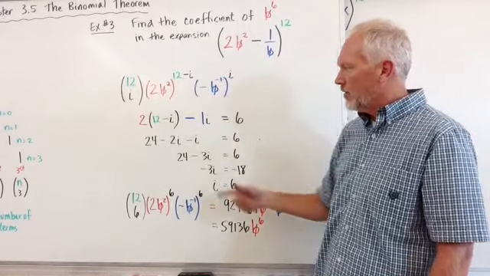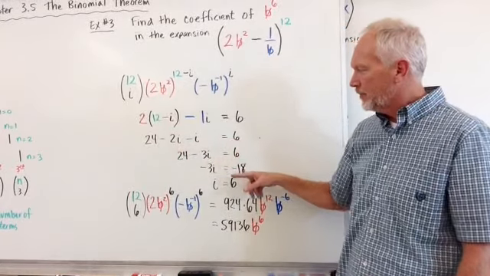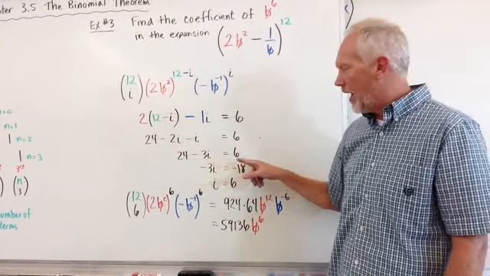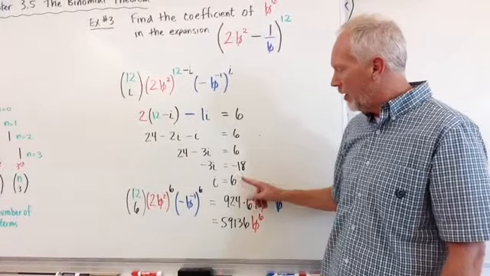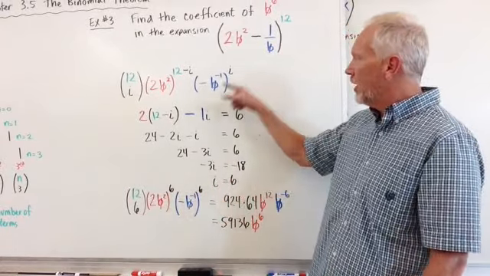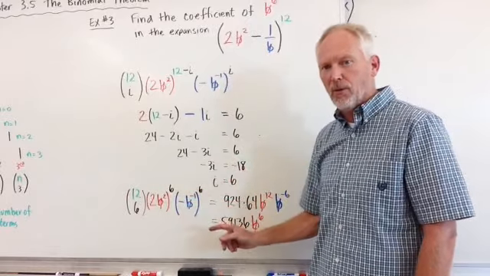We distribute, and you get 24 minus 2i minus another i is equal to 6. 24 minus 3i is equal to 6, and you find out that i is equal to 6. We plug that back in. See how important it is to delineate between your b's and your 6's, because it could get you in trouble someday.